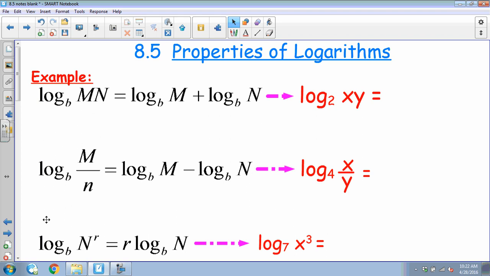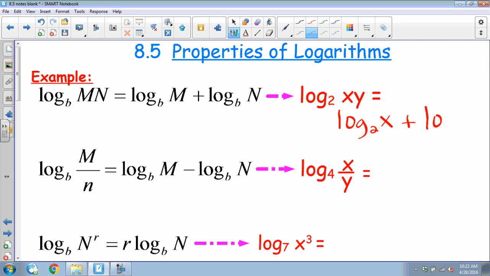But multiplication expands to addition. And it works backwards too. If it's addition, it condenses to multiplication. For example, log base 2 of x times y expands to log base 2 of x plus log base 2 of y.